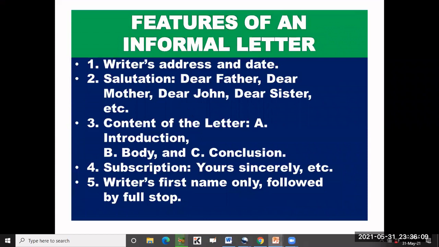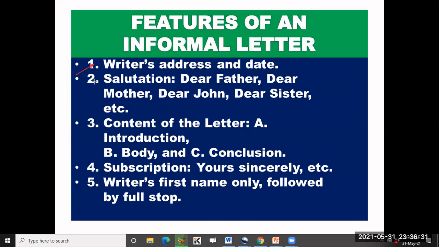Now, we want to look at the features of an informal letter. The first thing you have to write in an informal letter is the writer's address and date. Your address as the writer, followed by the date.